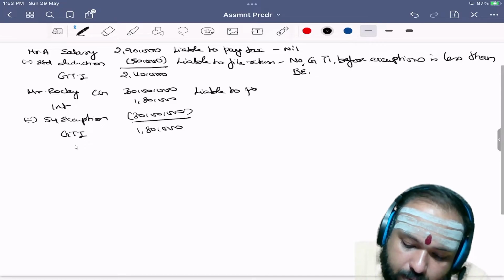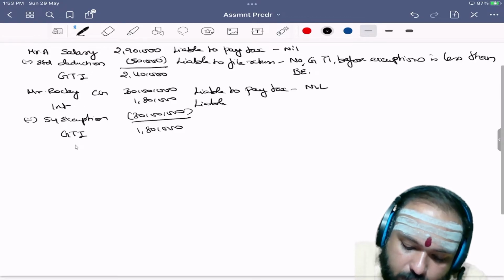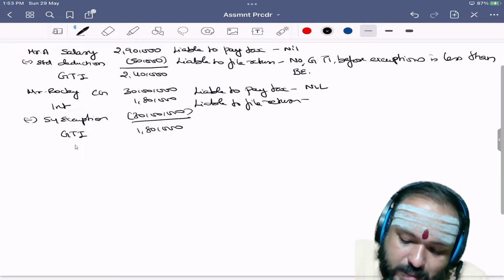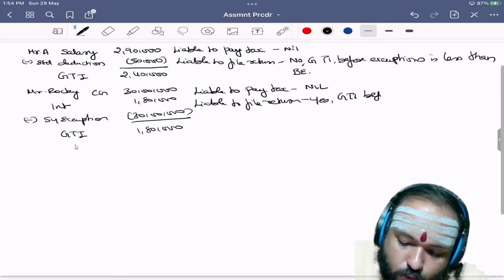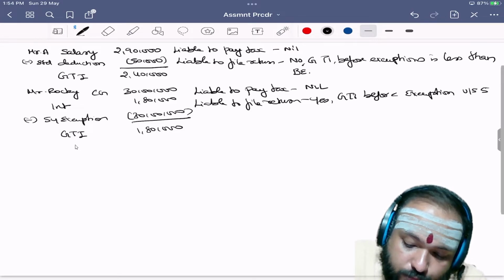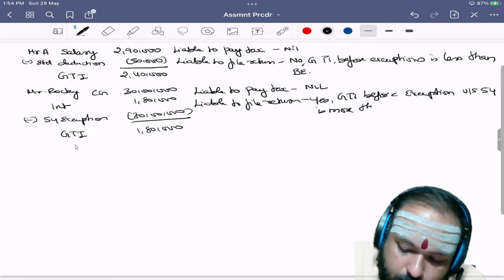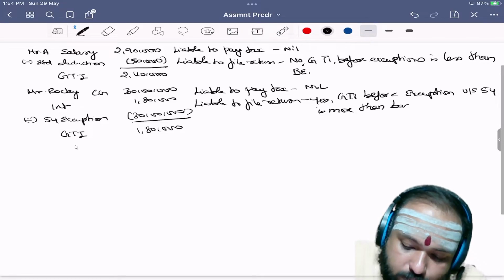Liable to pay tax? No, or nil. Liable to file return? Yes. Why? Gross total income before exemption under section 54 is more than basic exemption.